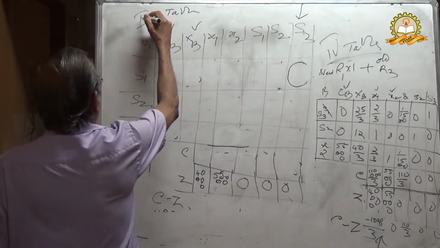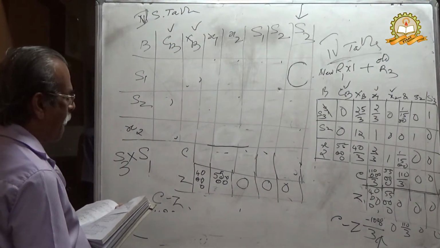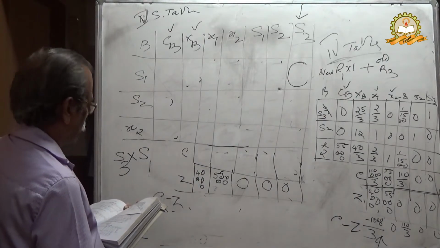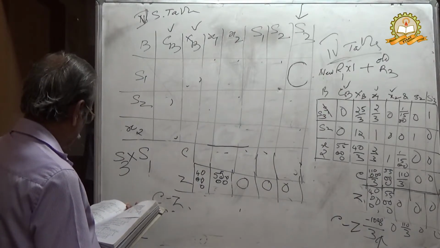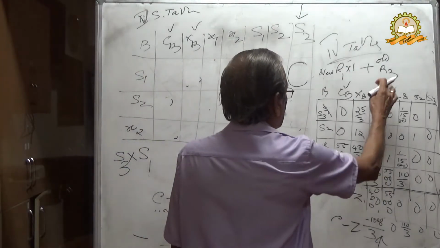This is the fifth simplex table. Here x1 is the pivot column.